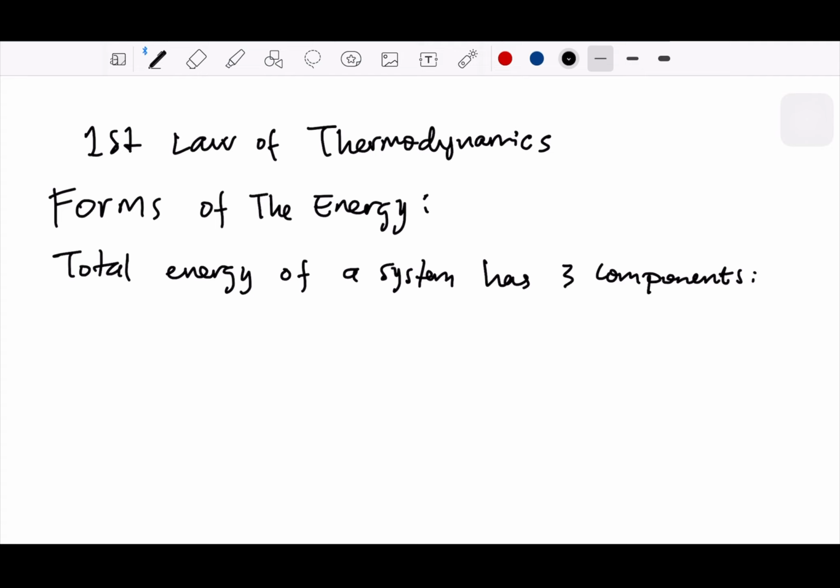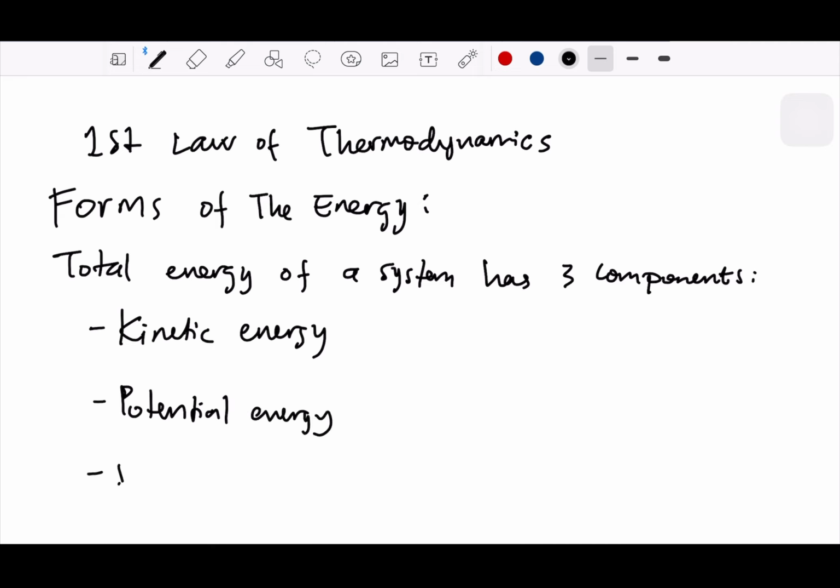So we are only focusing on 3 components for energy. The types of energy that we are looking for are kinetic energy, potential, and internal.